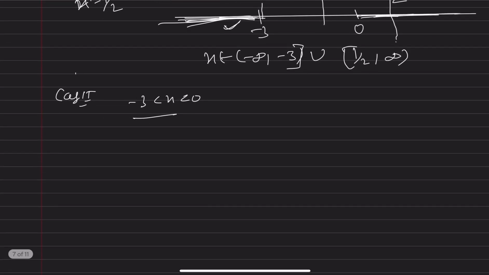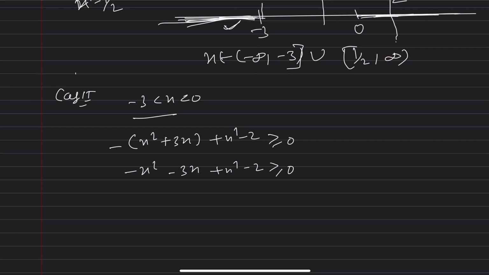So negative of x square plus 3x plus x square minus 2 is greater than or equal to 0. So here negative x square and negative 3x and plus x square minus 2 is greater than 0.